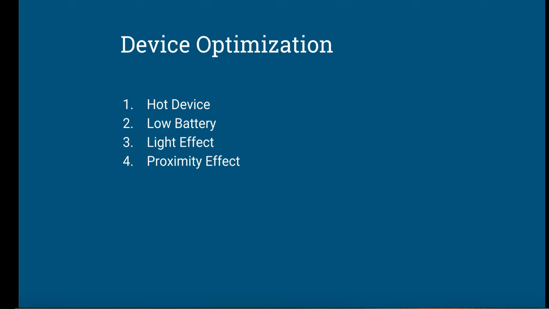So what is the reason behind that? We are going to see all these things: device optimizations. We are going to see what you should test when your device is hot, when the battery is low, light effect, when you are testing your app in a dark room, a cloudy environment, or in bright sunlight, etc. We are going to see how and why to test in these conditions.